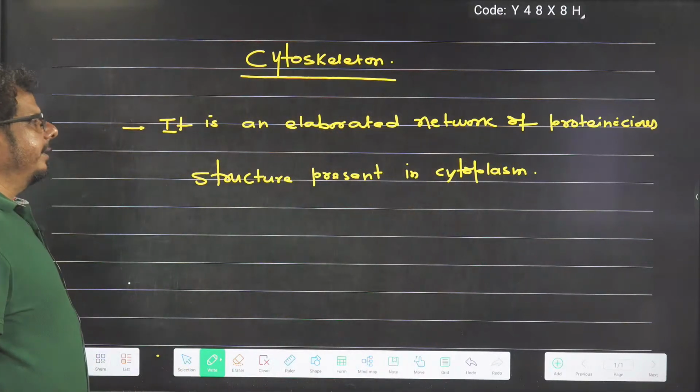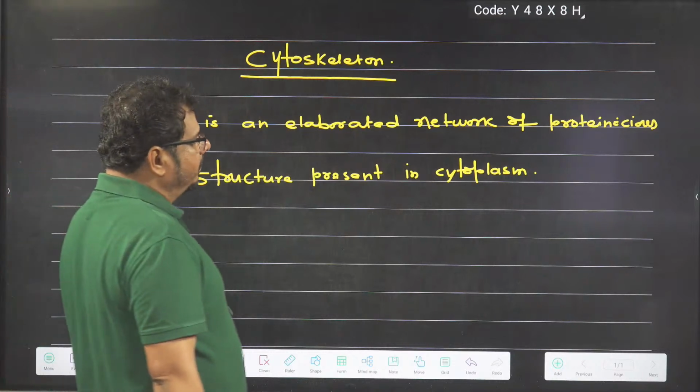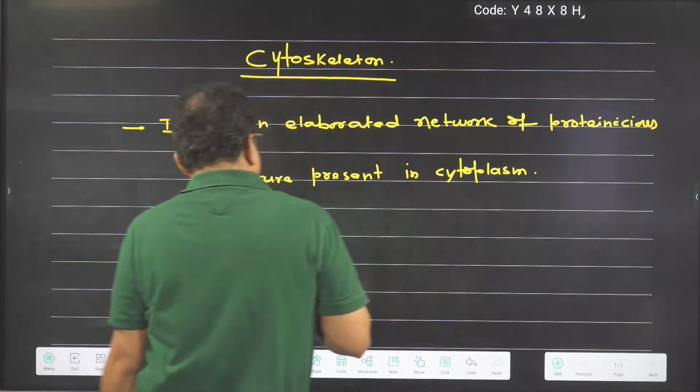So elaborated network of proteinaceous structure present in cytoplasm is called cytoskeleton.